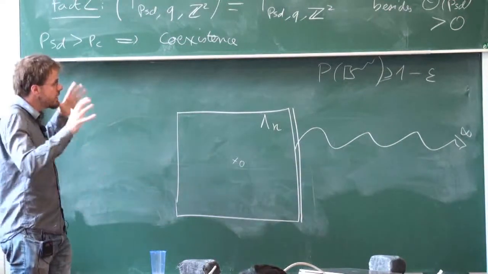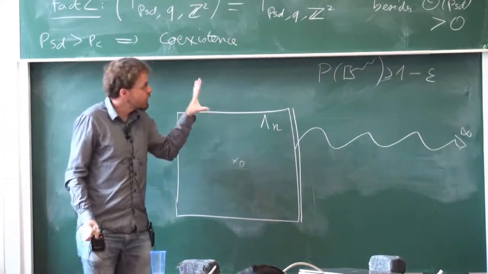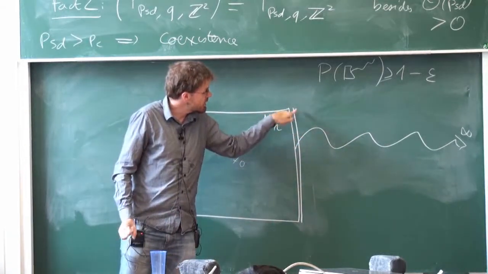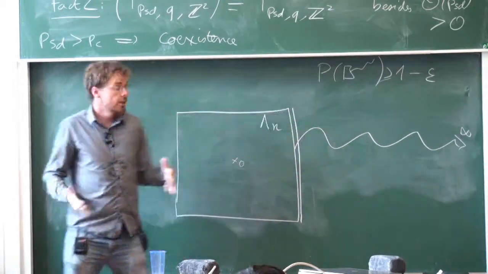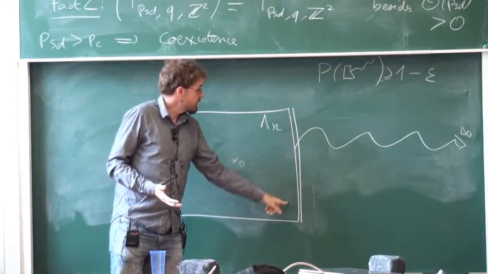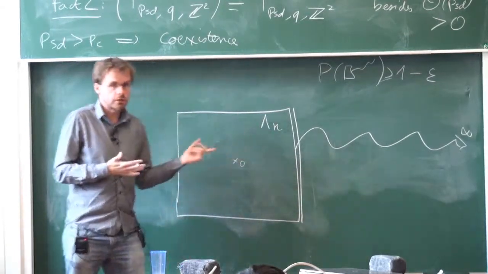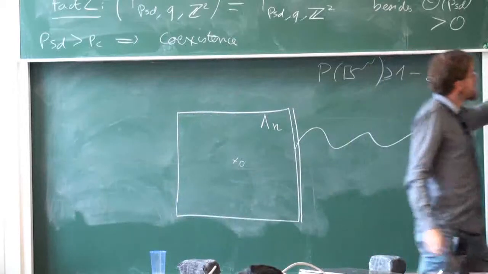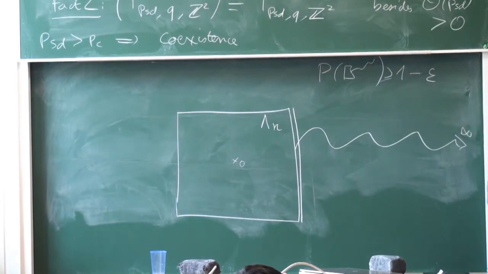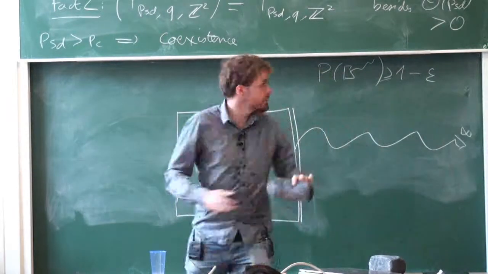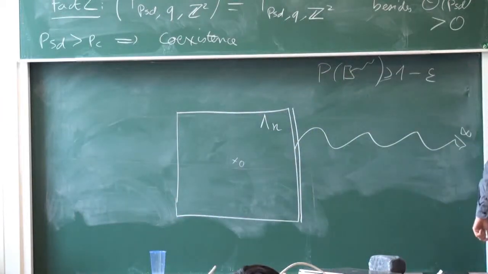So somehow, if you meet the infinite component, you can locate from which side you are connected to infinity and say that this probability is not 1/4, it's also close to 1. So this is something very crucial in the proof that will follow. It's known as the square root trick, and it's actually an easy consequence of the FKG inequality.